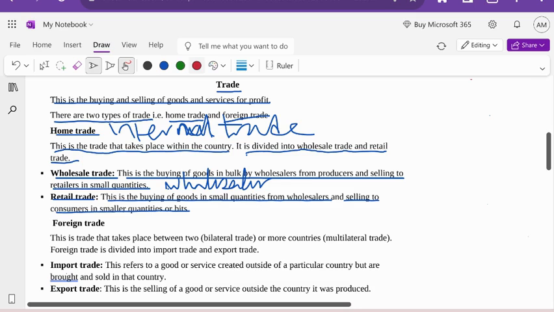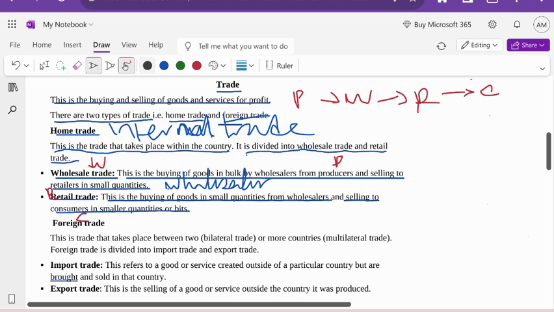If I represent the wholesaler by letter W, the producer by letter P, the retailer by letter R, and the consumer by letter C, then we are saying that the wholesaler buys from the producer and sells to the retailer, and then the retailer sells to the final consumer.